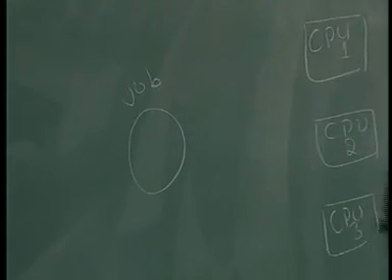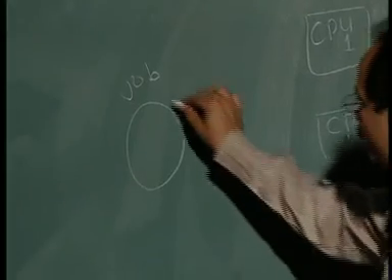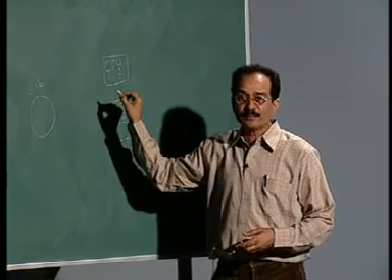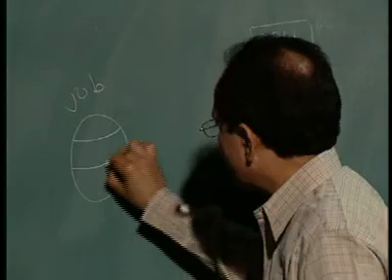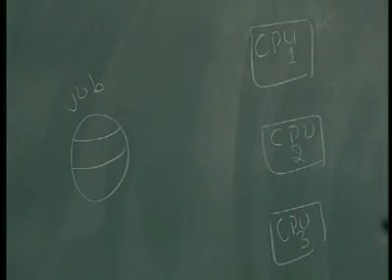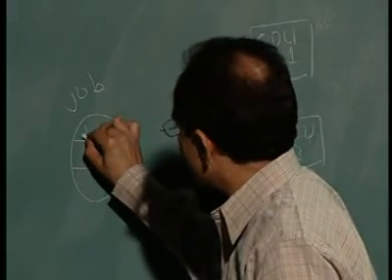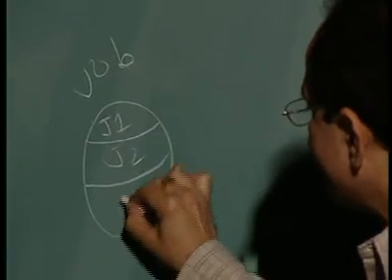Now, in the earlier system, we were assuming that there is only one job which goes to one of the CPUs, but in this particular case we break this job into smaller parts. Let us say this is J1 for this part, this is J2 and this is J3.